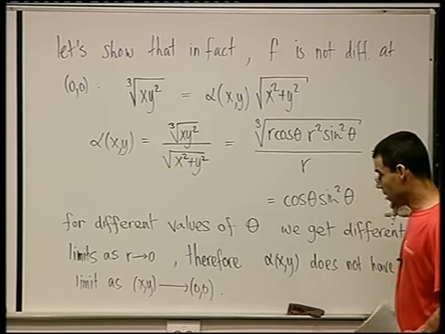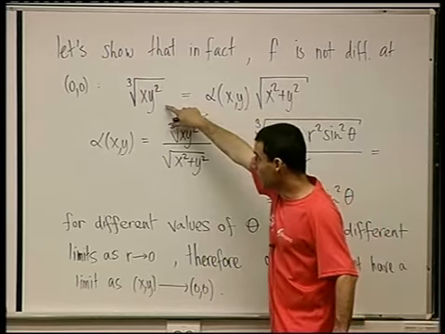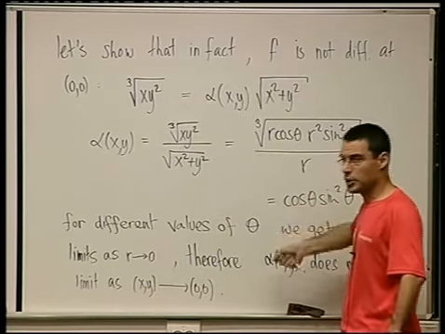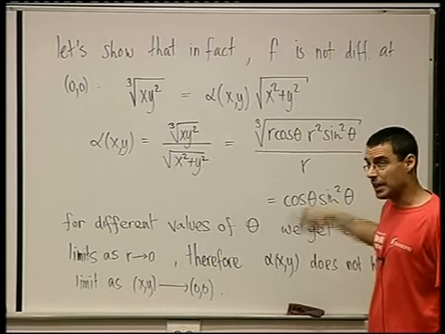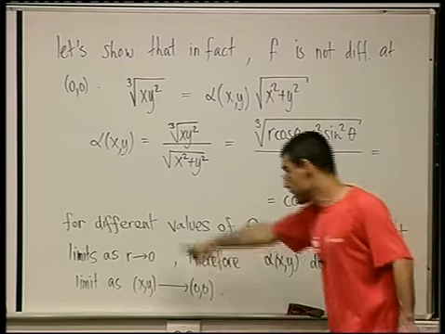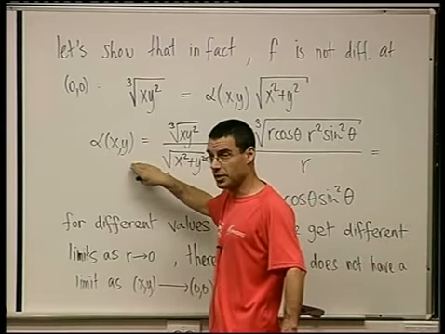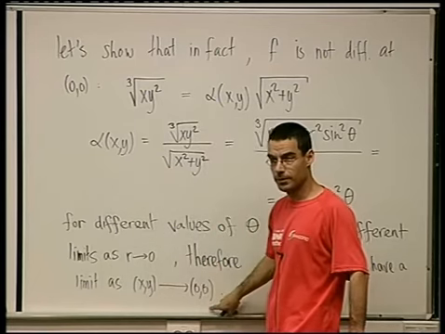But let's sum up our discussion. This function, by definition of differentiability, is not differentiable at the origin, at the point 0, 0. Okay? Since it's not differentiable at the origin, the criteria for being differentiable is not satisfied. Whatever alpha has to be, it doesn't approach 0. Okay?